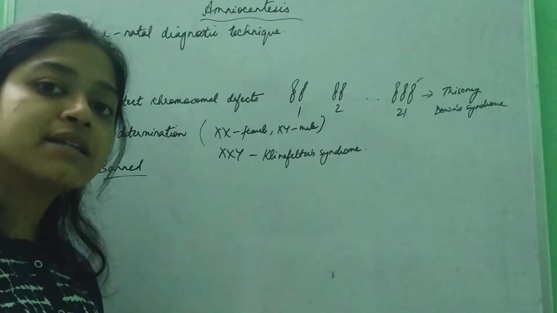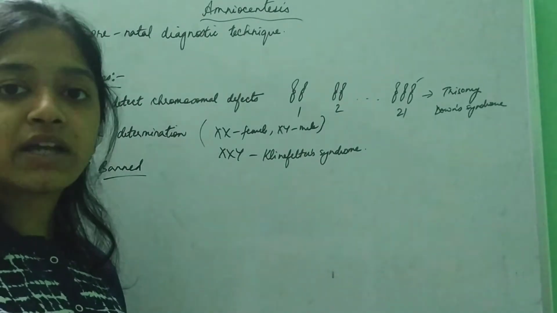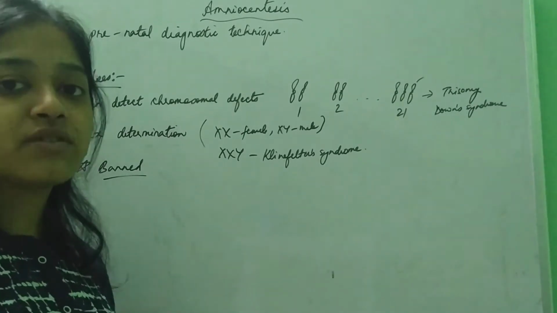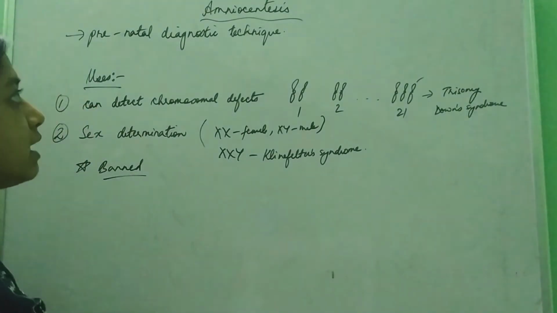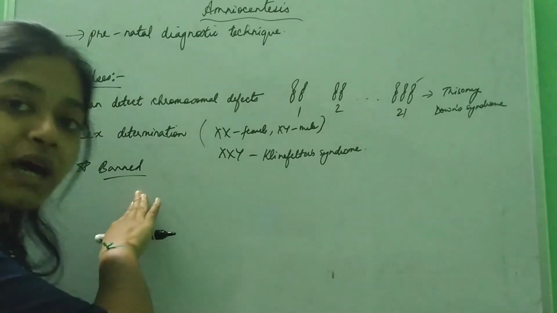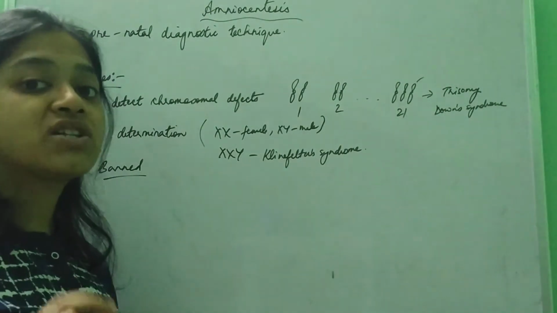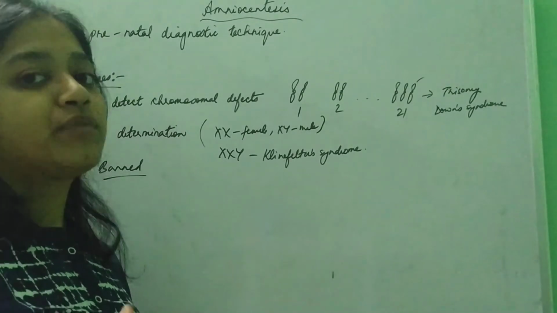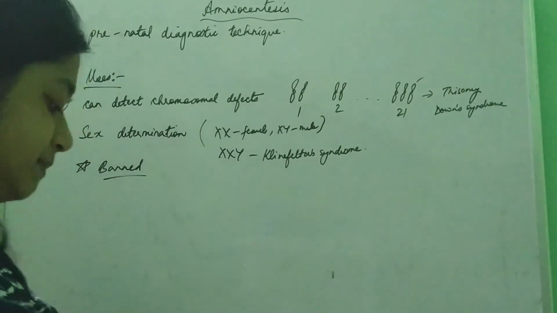Males are increasing, females are less. So that ratio is affected. That is why nowadays amniocentesis is banned. But it is done only under special conditions. If the doctor says that you can do it, then it is done. Otherwise, it is banned.